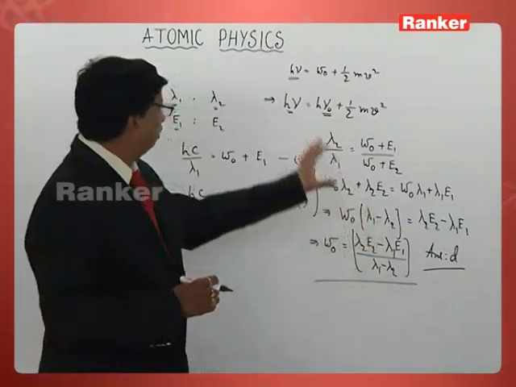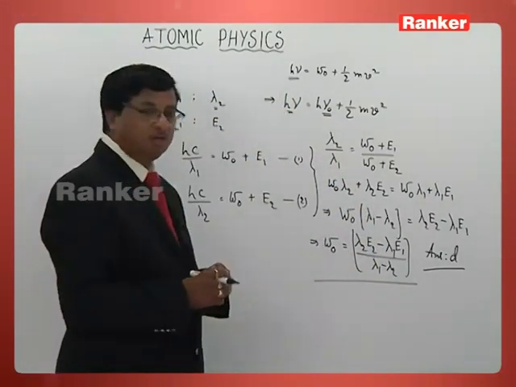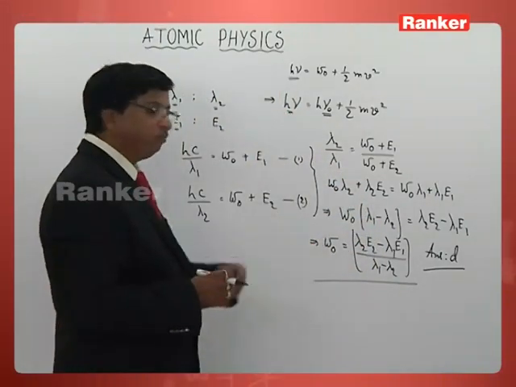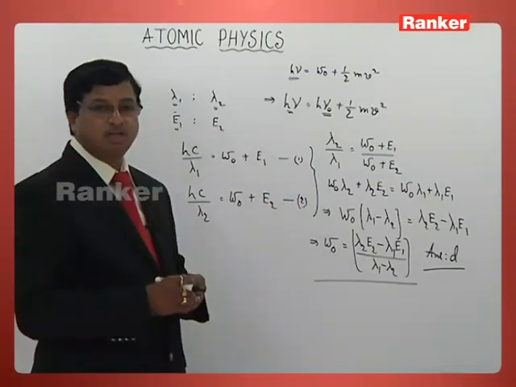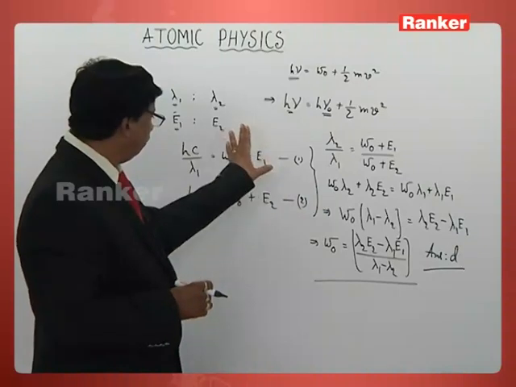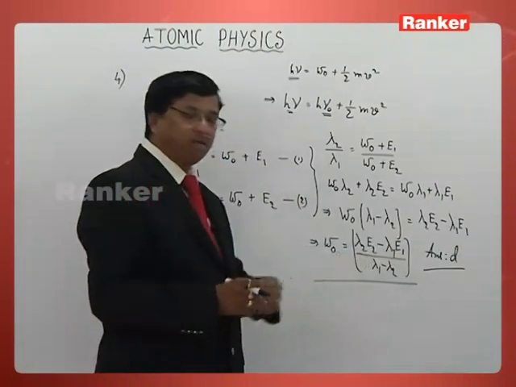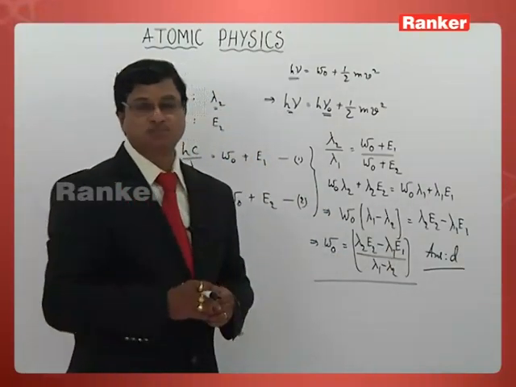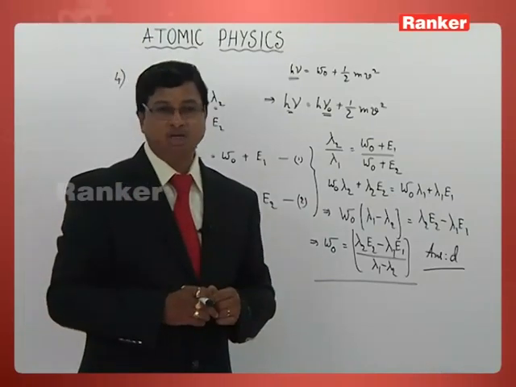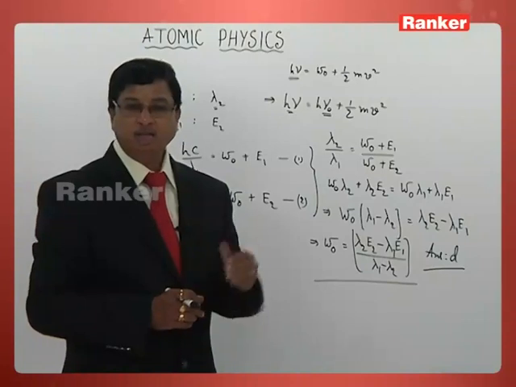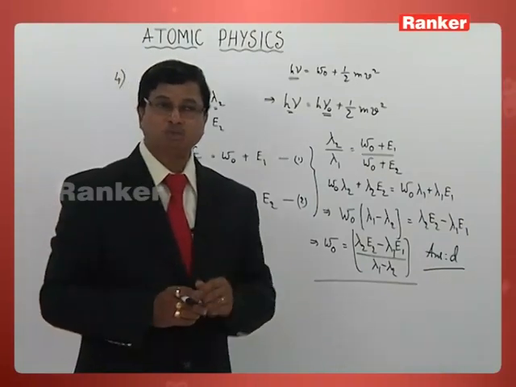This is the method we have to adopt to get the value of work function if it is given in this model question. Like this is problem number 4, for which the correct answer is the fourth option, that is E2 lambda 2 minus E1 lambda 1 whole divided by lambda 1 minus lambda 2.